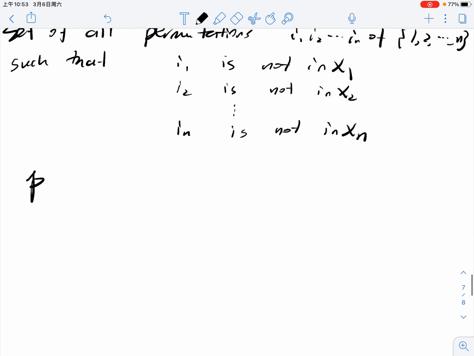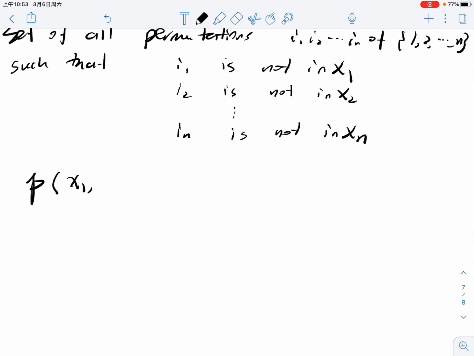And then we use a small p(x1, x2, ..., xn) to denote the cardinality of the above set.